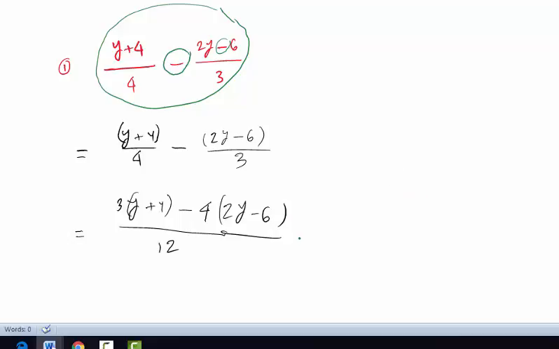Now it's a simple multiplication. Multiply 3 term by term, so we have 3y, and 3 times 4 equals 12.